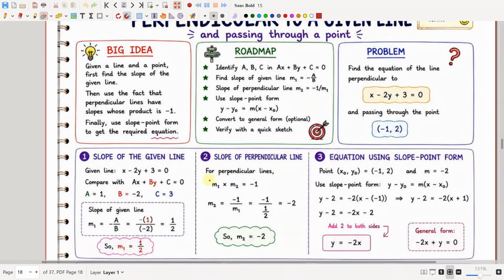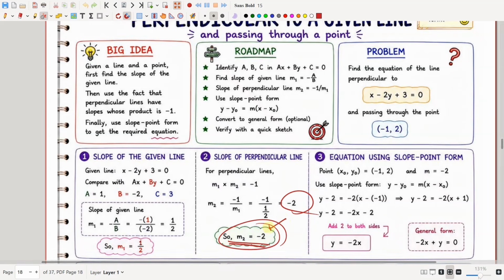So we know that m1 into m2 is equal to -1. We have m1, we need to find m2. Since the given lines are perpendicular, I'm using this one. So m2 will be equal to -1 by m1, which is -1 divided by 1 by 2, which is -2. The slope of the perpendicular line is -2.